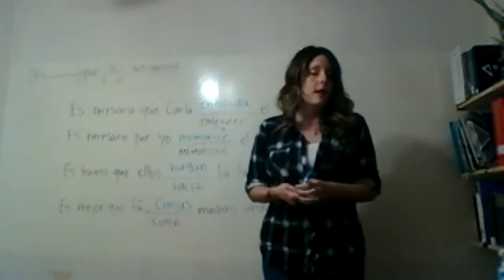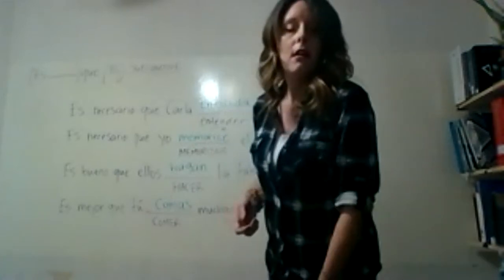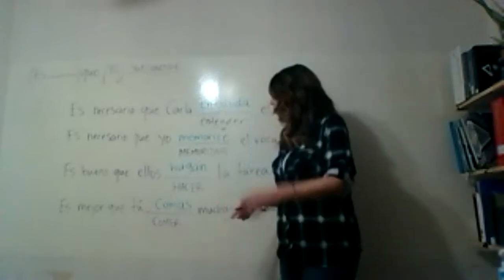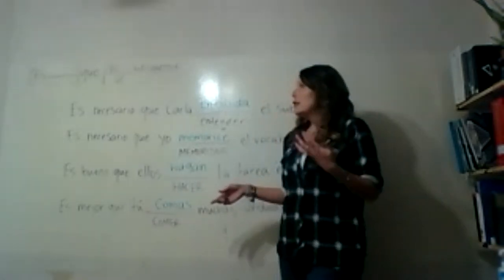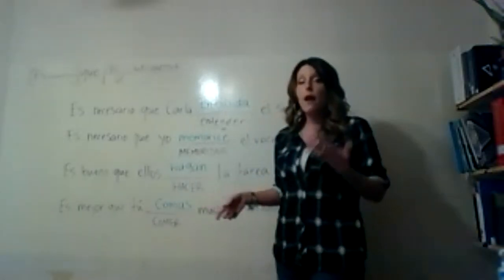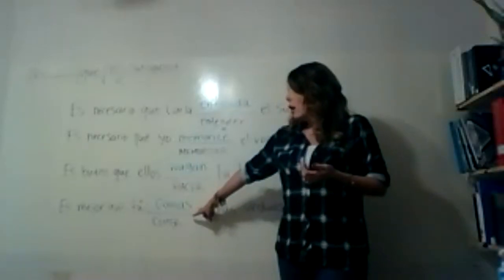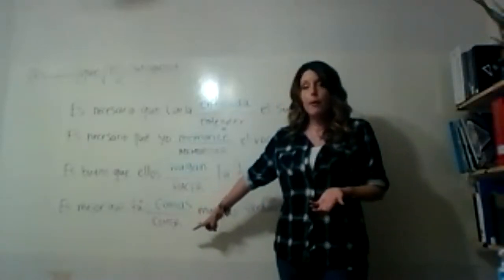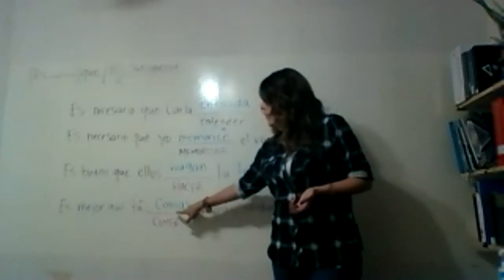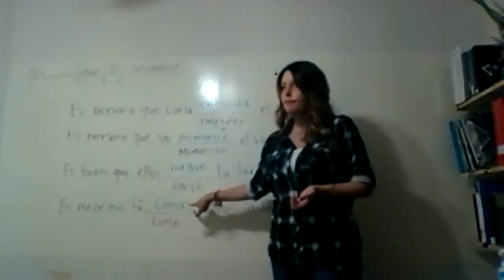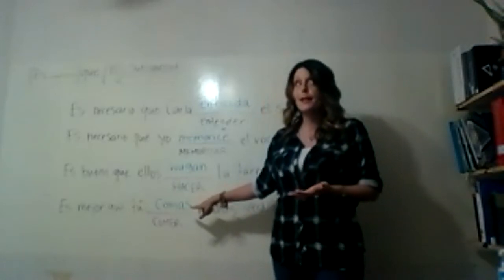So now we're going to look at all of our sentences. First, focusing once again on what kind of verbs these are, starting from the bottom up. Comer is a regular happy verb. It's an ER verb, but we have these AR kind of looking endings because it's subjunctive, and that's what subjunctive is about.